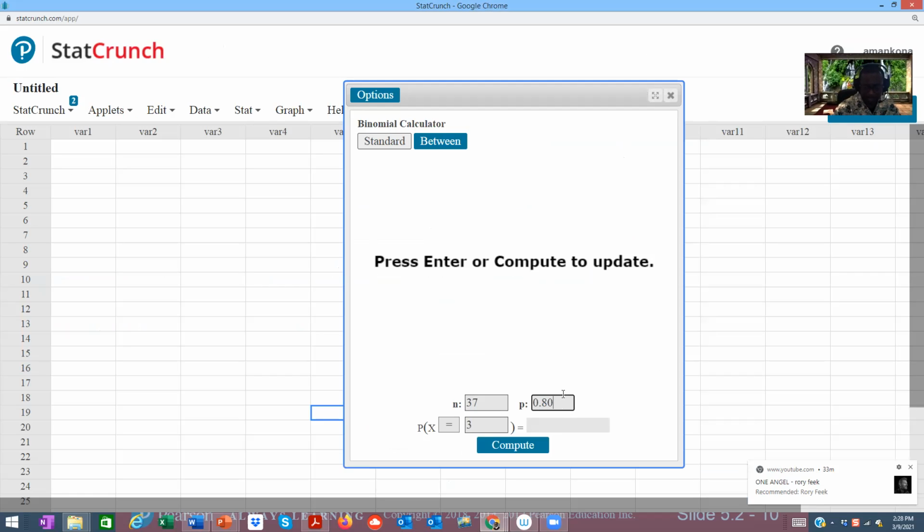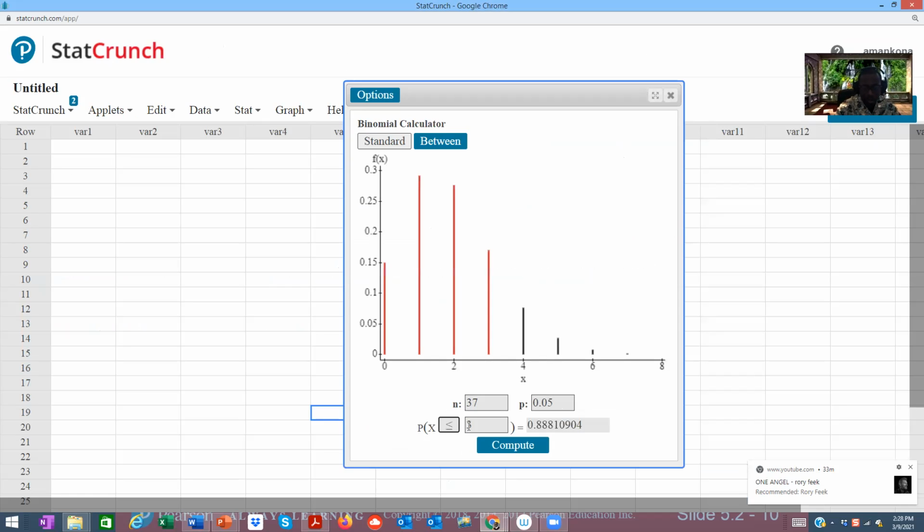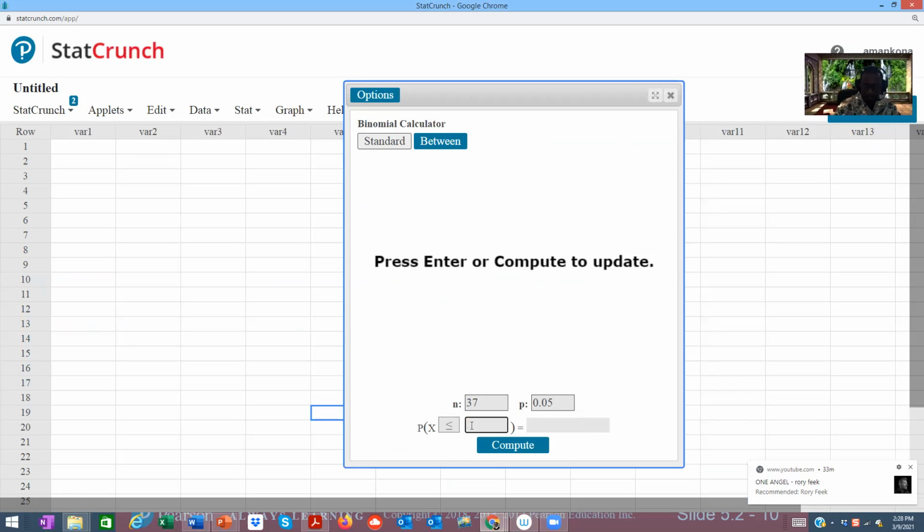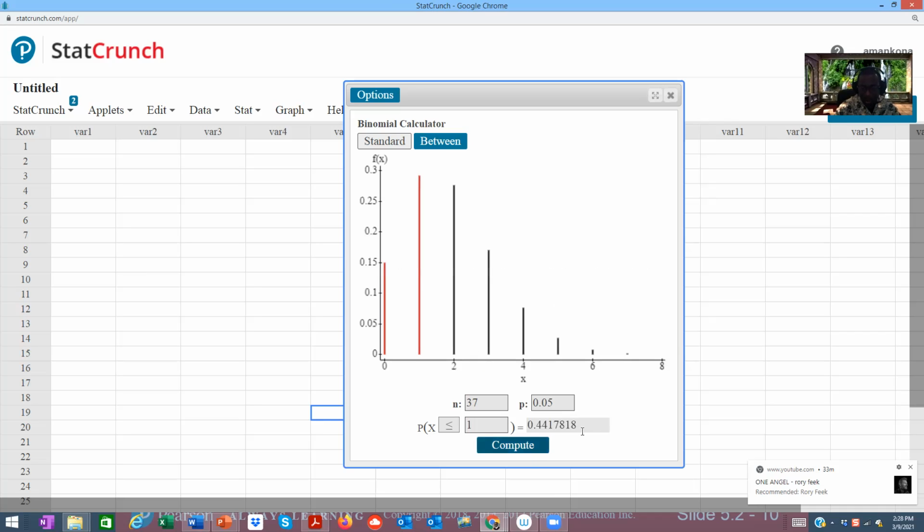My probability of success in this case is the proportion of defects, which is 5%, so 0.05. Now, it says that if we get 1 or 0 defects, that means X is less than or equal to 1. Now if you calculate this probability, that is 0.442.